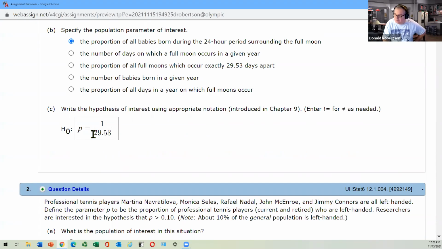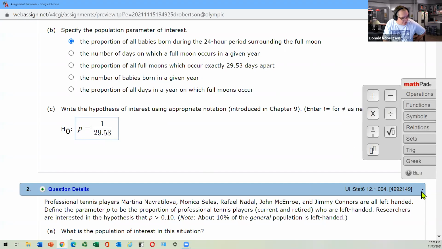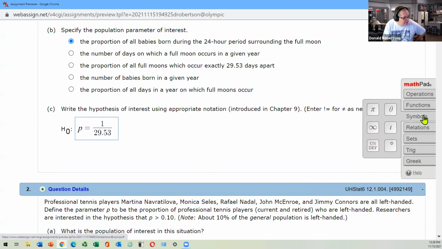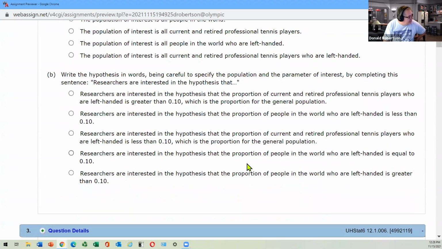Just because some of your answers are going to be not equal to something and you can't find a key, remember it's exclamation mark equals that you write for the not equals symbol. Maybe next generation they'll have a button. Strange that they don't, but it is what it is.